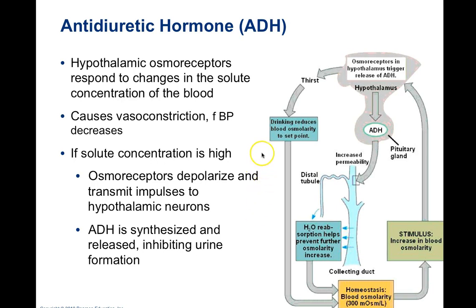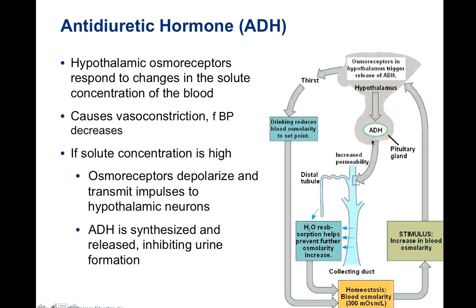So let's take a look at what's taking place in this diagram. We have our stimulus, which is showing us that we have a tilt within our homeostasis level here, and we get an increase in blood osmolality or osmolarity. That goes over to the hypothalamus, where we have osmoreceptors that will trigger the release of ADH. That will send the signal down the neurons into the posterior pituitary gland and release ADH from the axon terminals there.